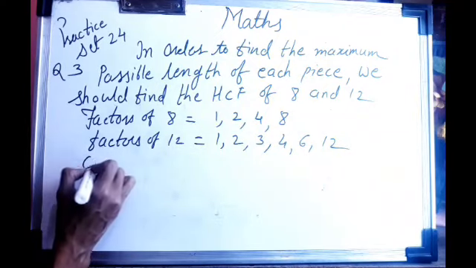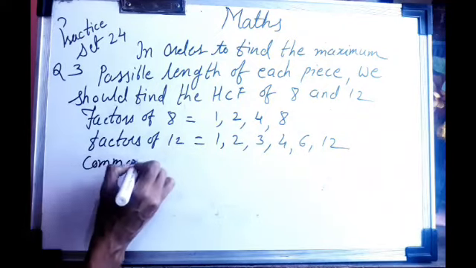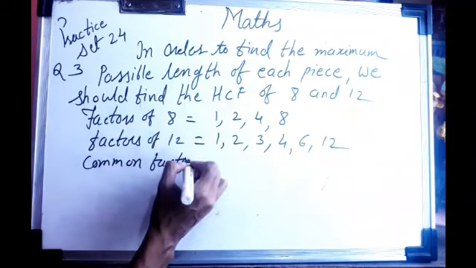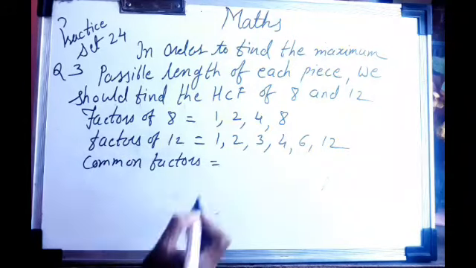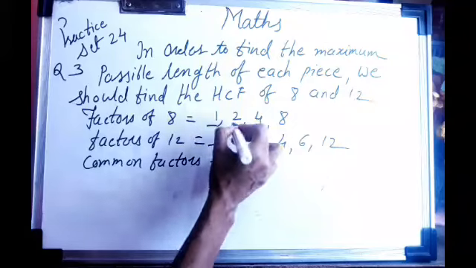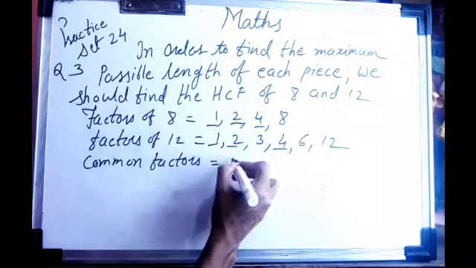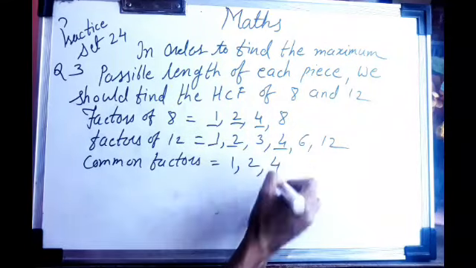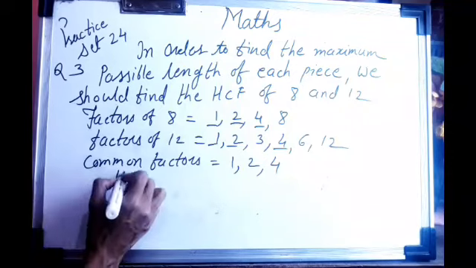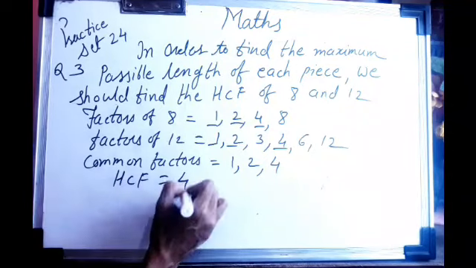And from that we need to find again the common factors. So which are the common ones here? 1, 2 and 4. And therefore the highest common factor is 4.